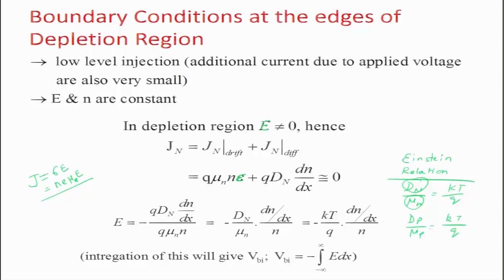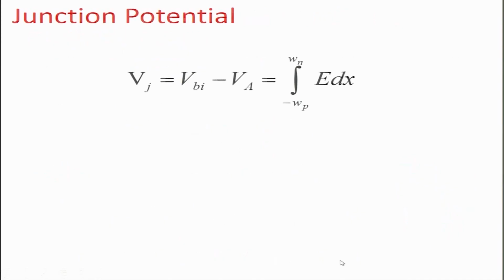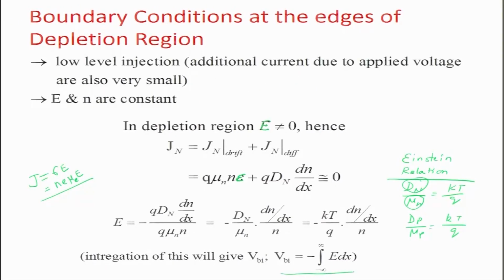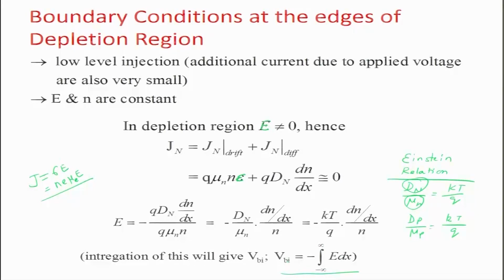If I replace Dn by mu n with kT by q by virtue of the Einstein relation, I get this relation, and if you integrate this electric field from minus infinity to plus infinity, you will get the built-in potential. Since the electric field is 0 outside the depletion region, whether you integrate from minus infinity to plus infinity or from minus Wp to plus Wn, it is going to remain the same.